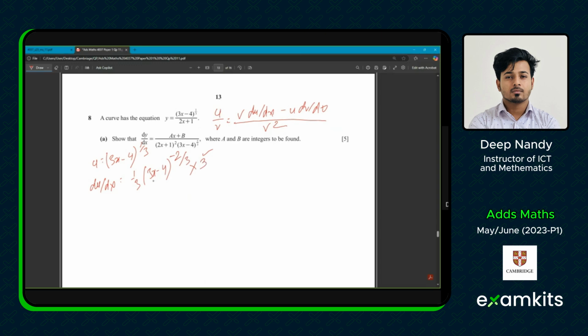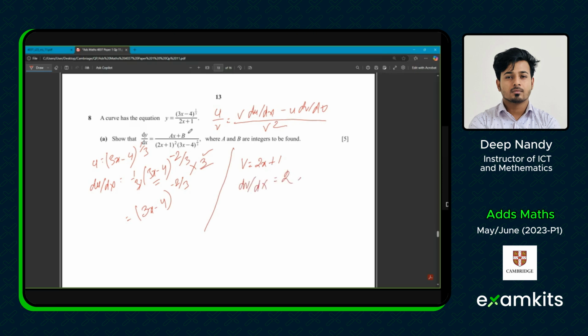This 3 is the derivative of 3x minus 4. So this 3 gets cut, and the value is (3x minus 4) to the power minus 2/3. Here we're going to find dv/dx. Here v equals 2x plus 1. It's easy, dv/dx equals 2.